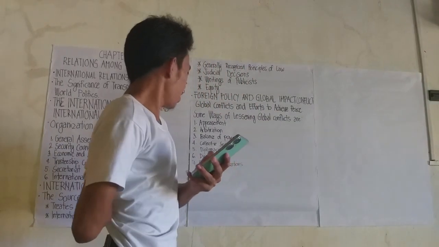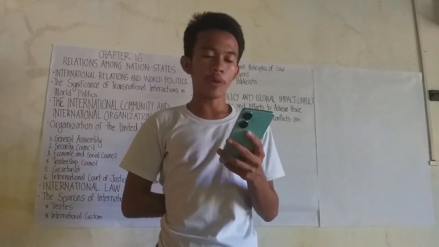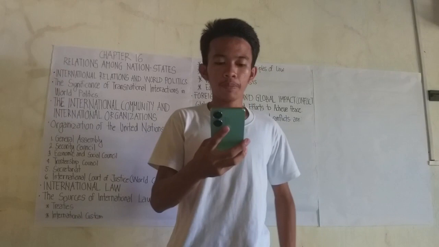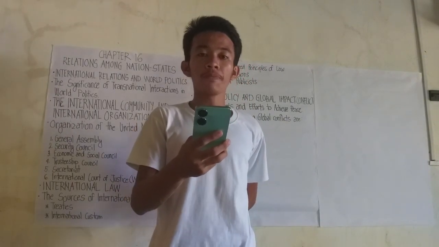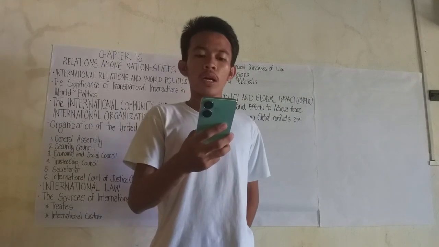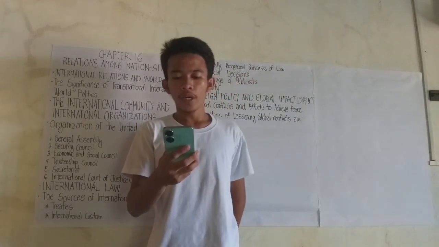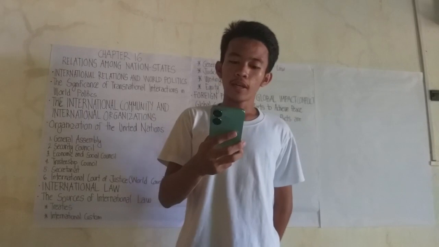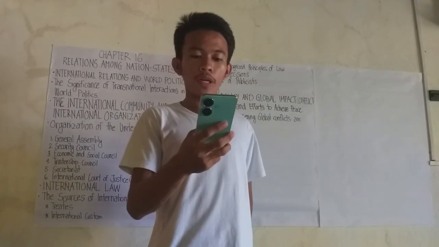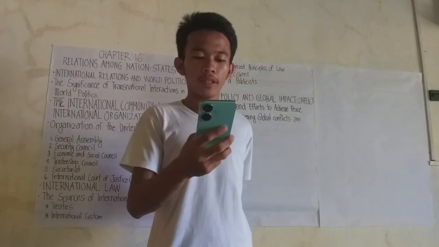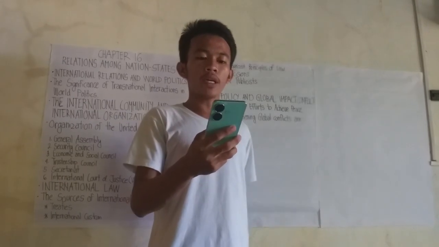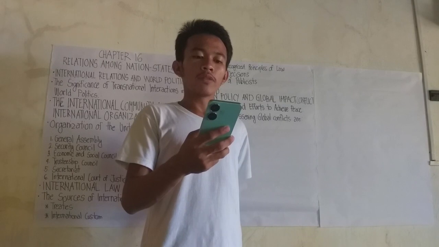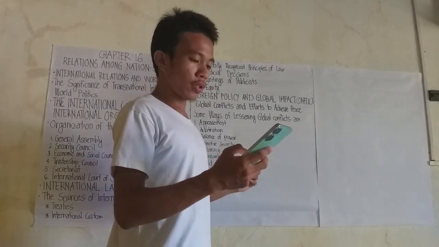The third is balance of power. Balance of power is a concept in international relations that refers to the distribution of power among nations or actors in the global system. It is based on the idea that a stable and peaceful international order can be maintained when no single state or group of states becomes too dominant or powerful. Fourth is collective security.